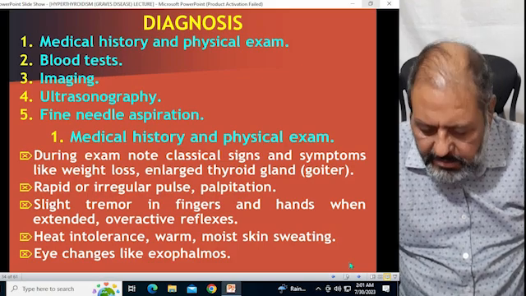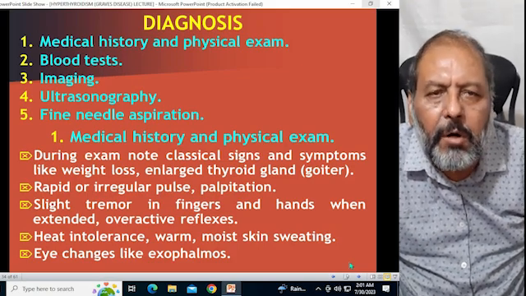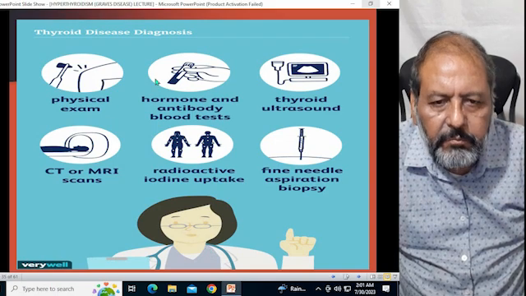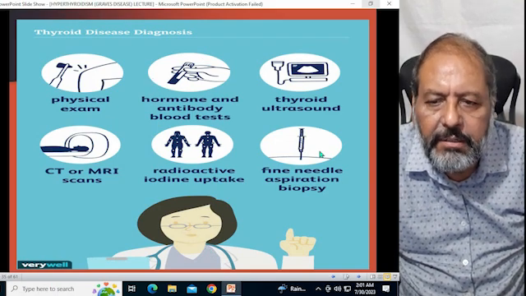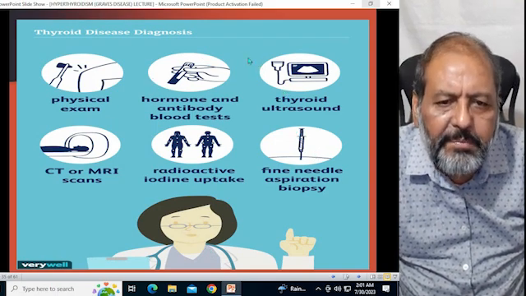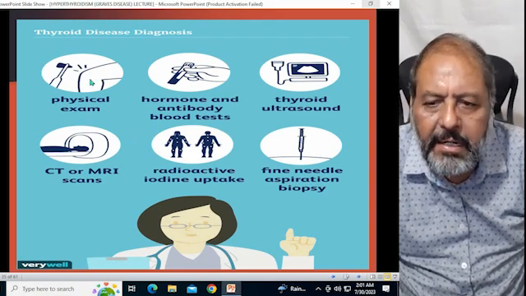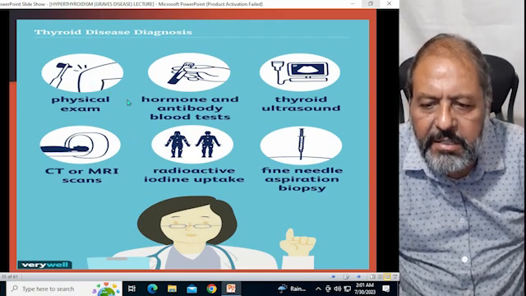Eye changes like ophthalmos, meaning bulging eyes outside. And here one can see the parameters responsible for diagnosing hyperthyroidism. That is a physical examination.